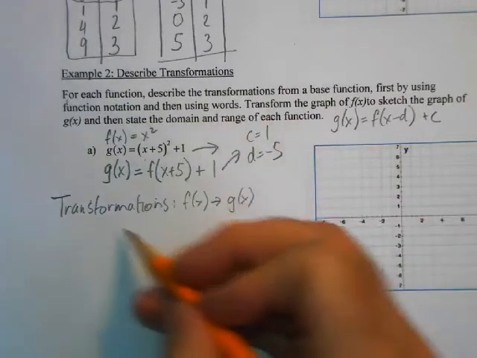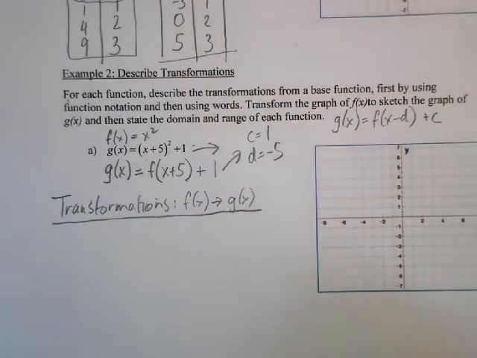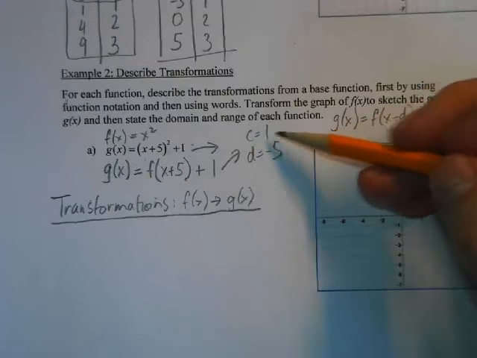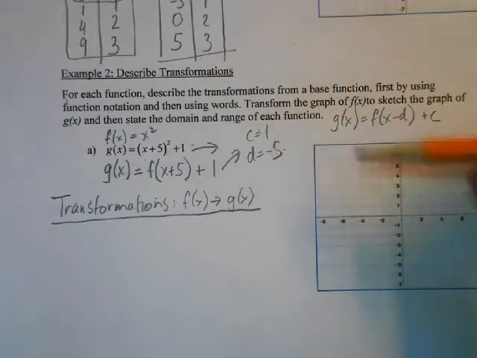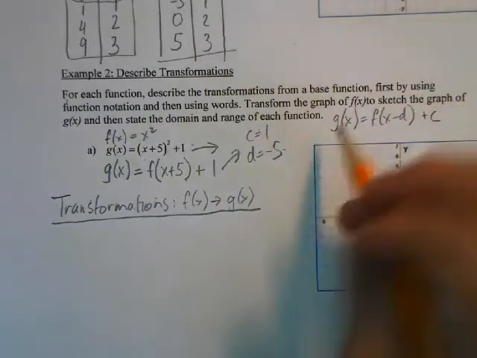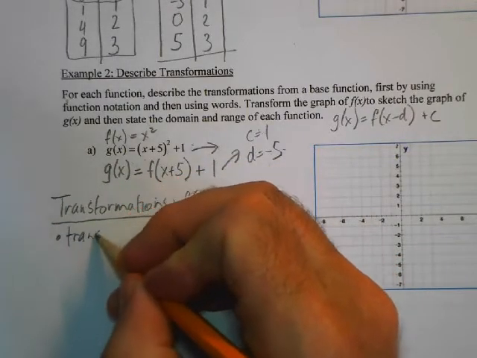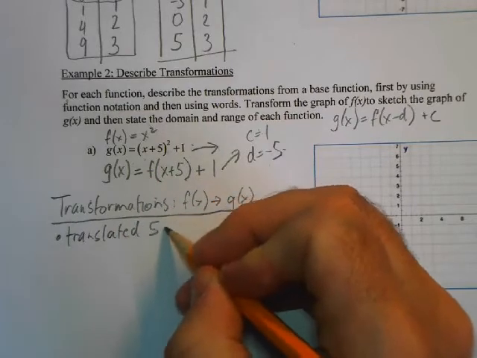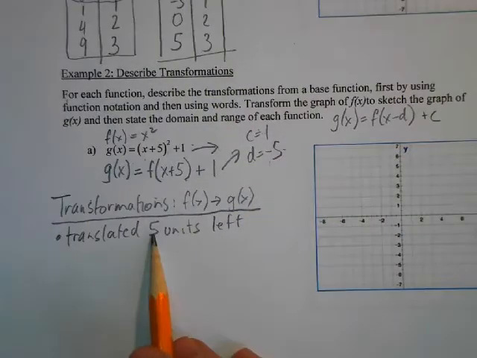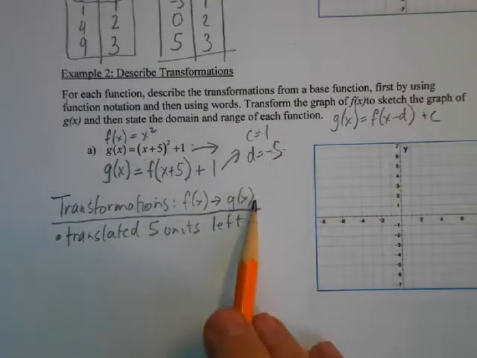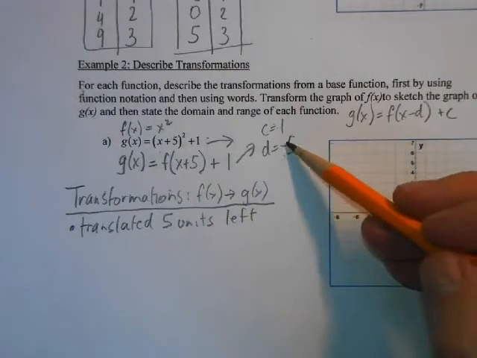So what did we do to f of x, this function, to make it become this function? Okay, so all I'm doing is that I'm interpreting what c and d actually mean. So start with d, just usually we talk about horizontal first. So the fact that d is -5 means it's been translated 5 units left. Okay, and notice we didn't say -5 units because the -5 is actually our hint that that gives us the left part.